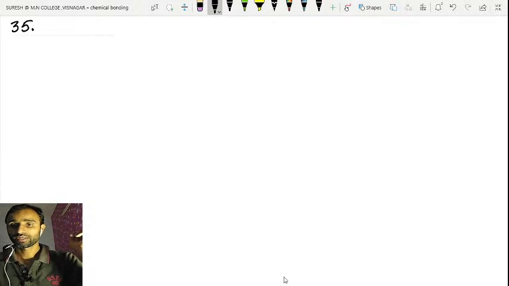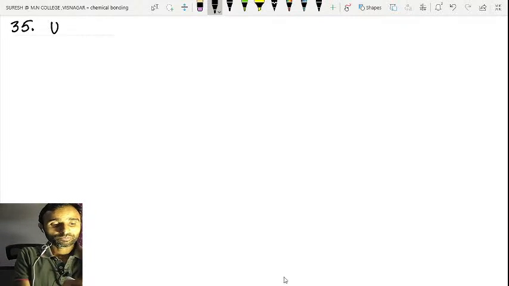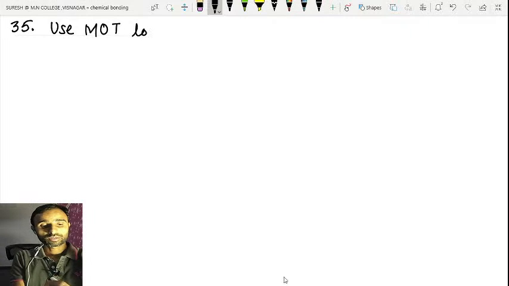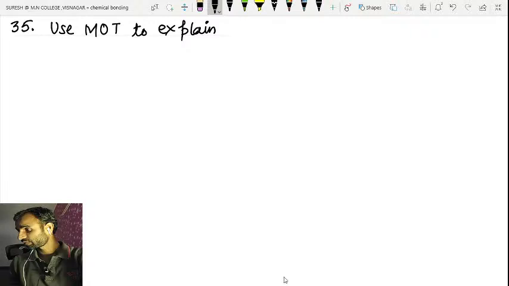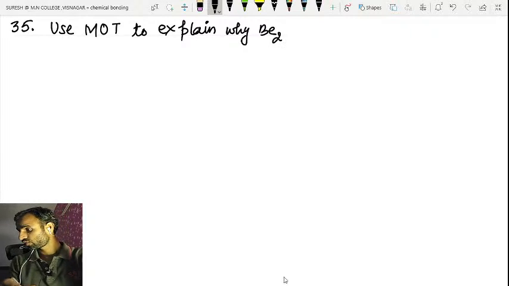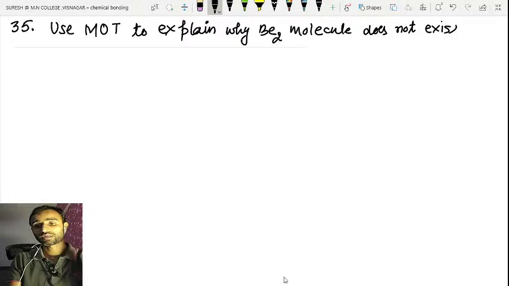Question number 35. That is, use MOT, means use molecular orbital theory, to explain why Be2 molecule does not exist.